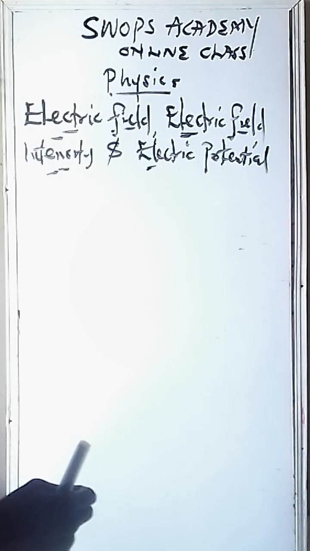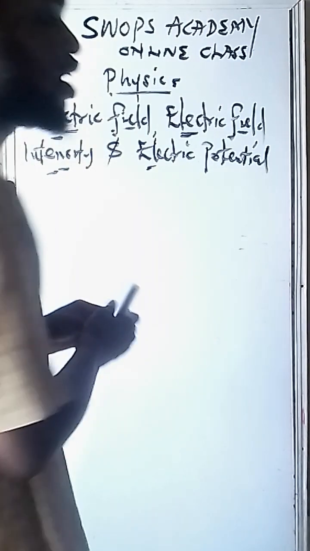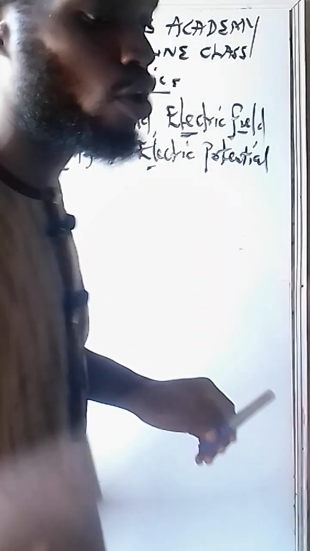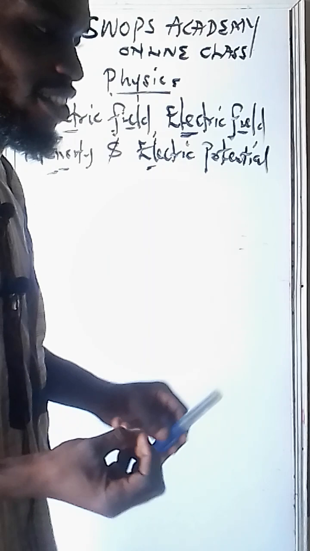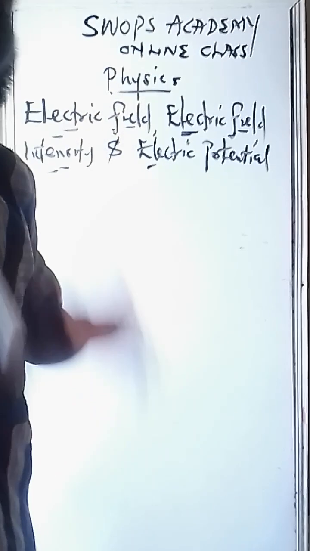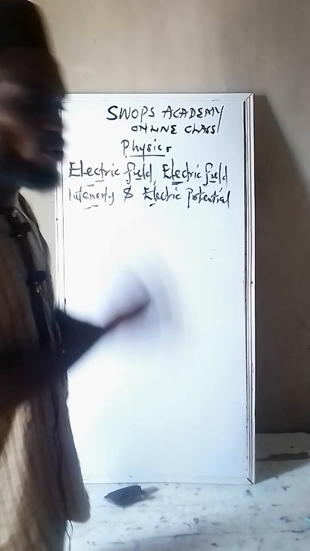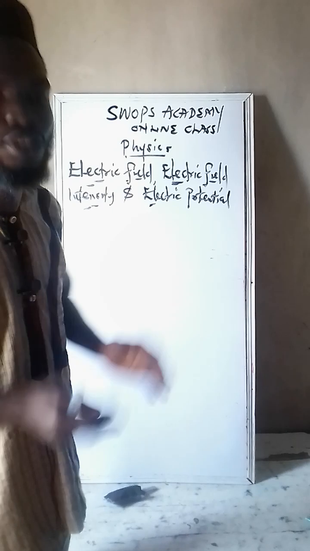Now, firstly, know that all these three parameters are from a topic we call field. Field is what generates all these parameters. When we say field, what will come to your mind is maybe a football field, right? It's also there.